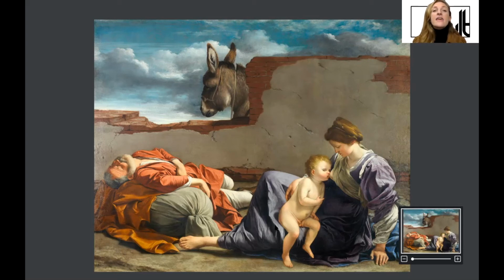I'll explain a little bit about that in a second, but in the documentation from that trial, we also hear that Orazio Gentileschi is lending Caravaggio certain props, which I quite like the idea of. So he's lending him, we hear, a pair of angel wings, and also a Capuchin monk's habit, so that Caravaggio can use these as props in his paintings.